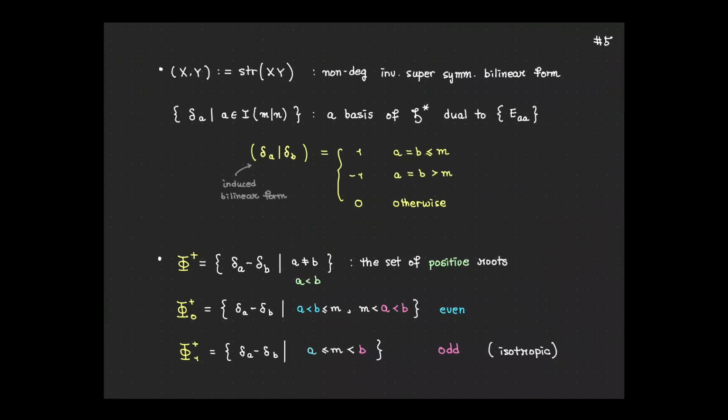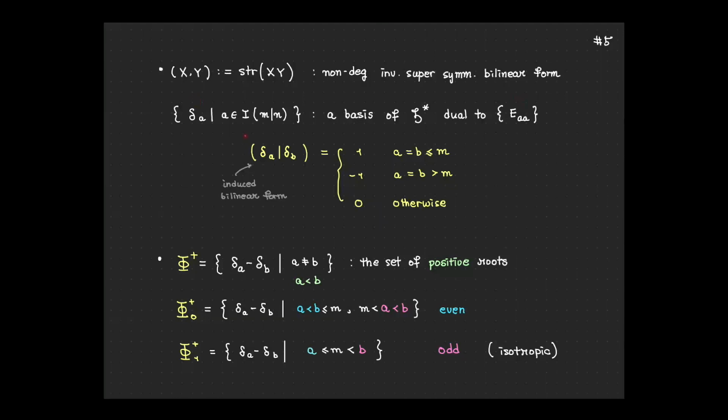Okay, then in the super case we can think of a supertrace. Supertrace means the sum of the diagonal entries, but we multiply by minus on the last n elements. So with respect to this supertrace, we can think about the non-degenerate invariant supersymmetric bilinear form, kind of an analog of the Killing form. Then we think of a dual basis, say delta_a, dual to the Cartan basis of the Cartan subalgebra.